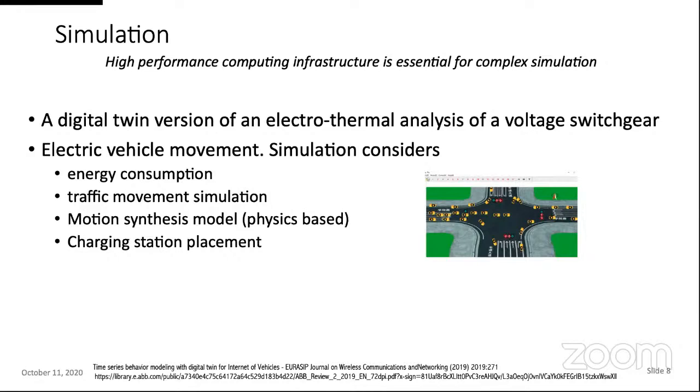But very importantly, it also puts charging stations at different points, and then tries to find out whether there are optimally placed charging stations, so that when these electric vehicles run out of energy, they can go to the charging station. So this kind of analysis can be done using this electric vehicle movement simulation.